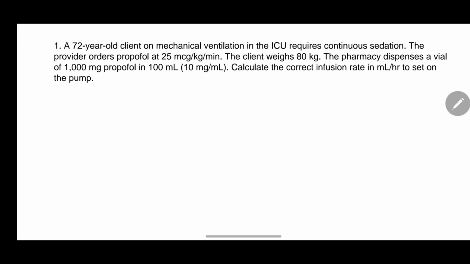So let's start. Question number 1: a 72-year-old client on mechanical ventilation in the ICU requires continuous sedation. The provider orders 25 microgram per kg per minute. So the order is important, so we can write the order separately.